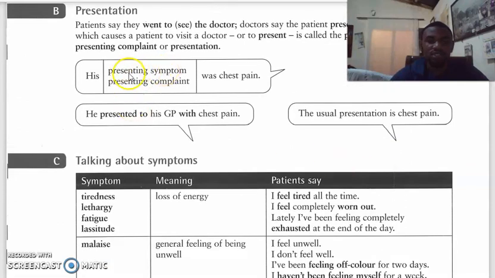His presenting symptom was chest pain. His presenting complaint was chest pain. He presented to the GP with chest pain. The usual presentation is chest pain.